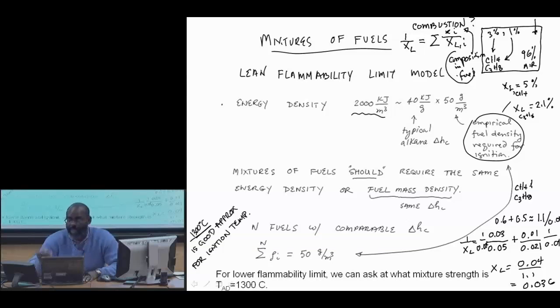And it makes sense because if you only had one component, then it would have to be 1 over XLI. So it's been a little while, folks, but that's clear. So we know how to do mixtures of fuels in terms of the composition issues, and looked at what the issue is there.